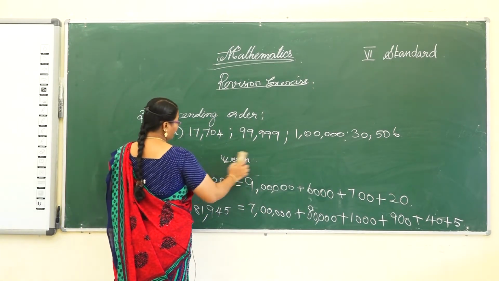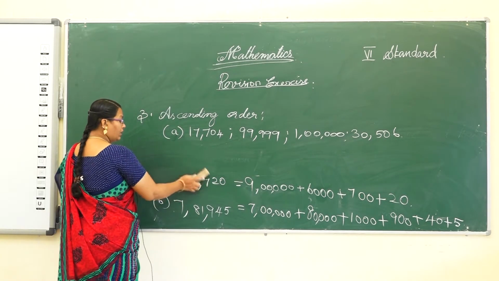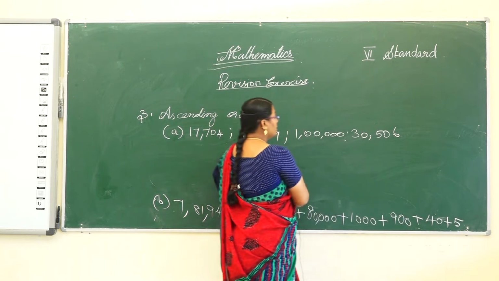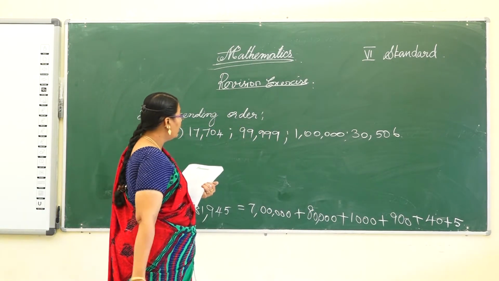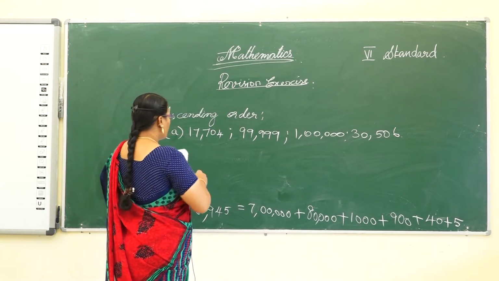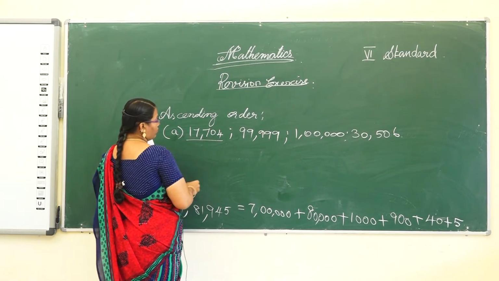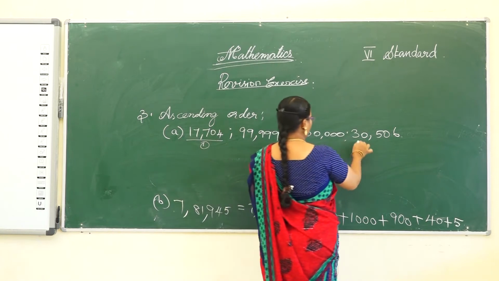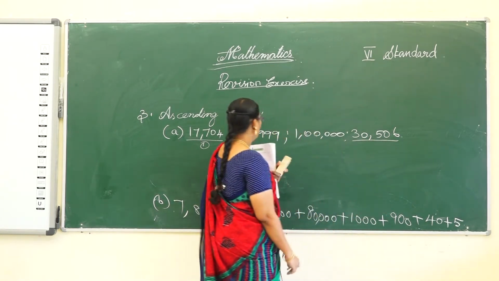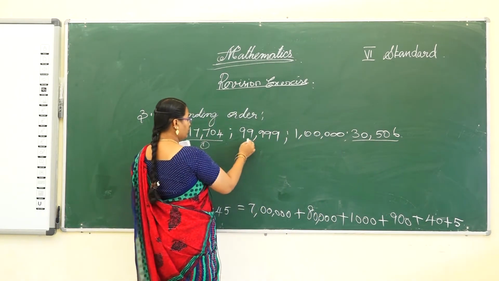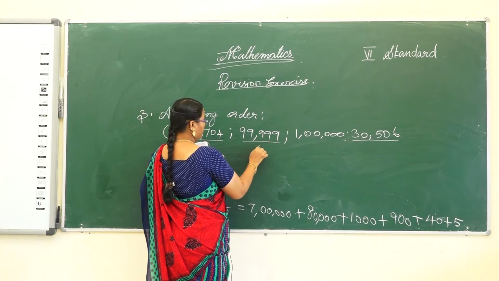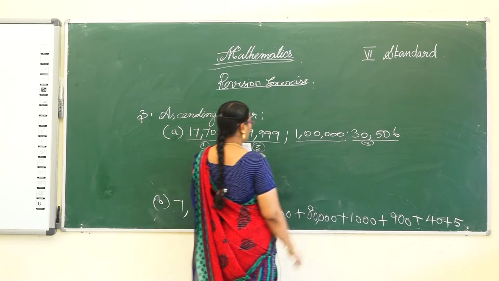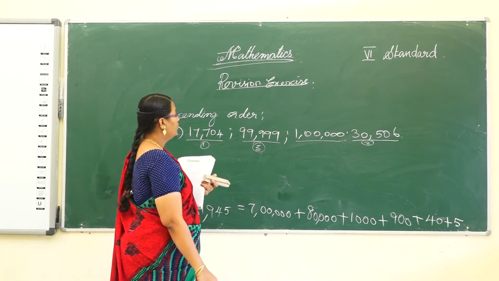So ascending order means when numbers are written from the smallest number to the largest number. Which is the smallest here? So the smallest number is this one first. Next is the smallest one, 30,506, and next one 99,999, the final one 1 lakh.